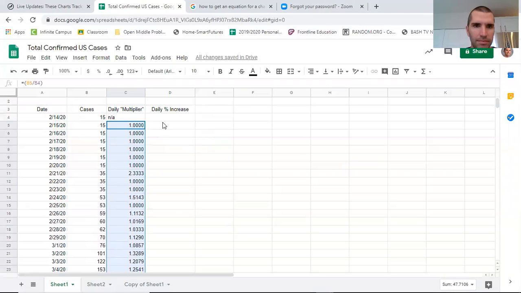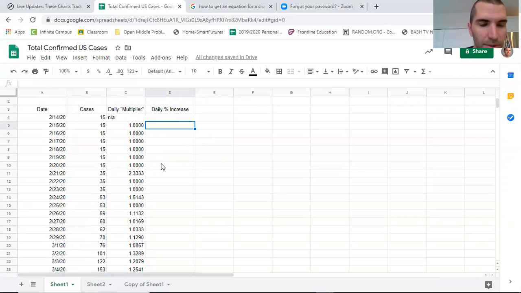To find the percent increase, which might be more beneficial for us to learn, remember, we change the daily multiplier to a percent, and then subtract 100 from it, because the 100 is what we originally started with.